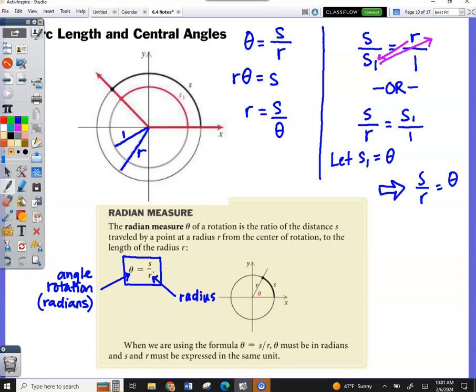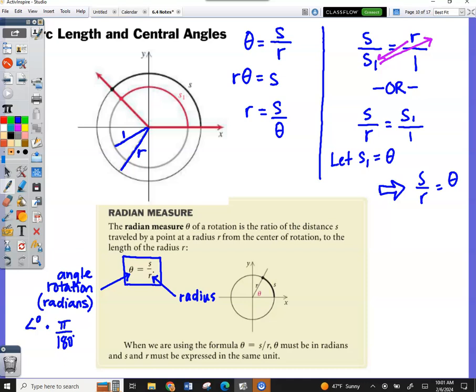So if I'm trying to get radians, I multiply the angle in degrees times pi over 180 to get the radians, okay?